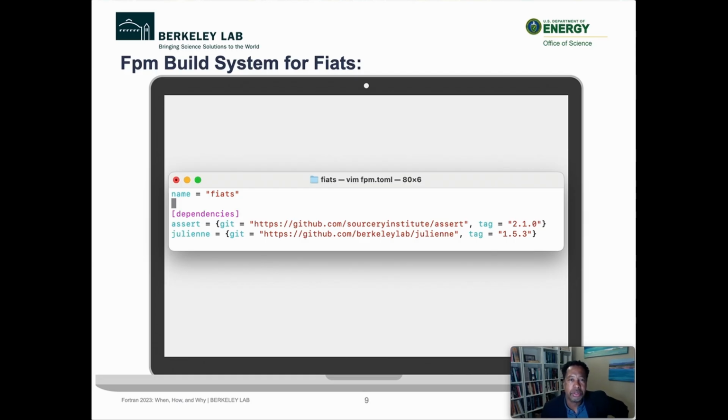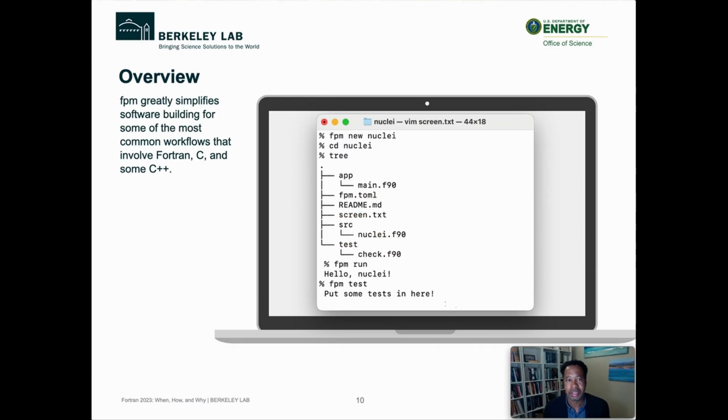Fiats expands to functional inference and training for surrogates, because we use it to train surrogate neural networks that substitute for physics components of computational science models. Or you can expand the name to Fortran inference and training for science. So FPM simplifies software building for some of the most common workflows that involve Fortran, and by the way, C and C++.